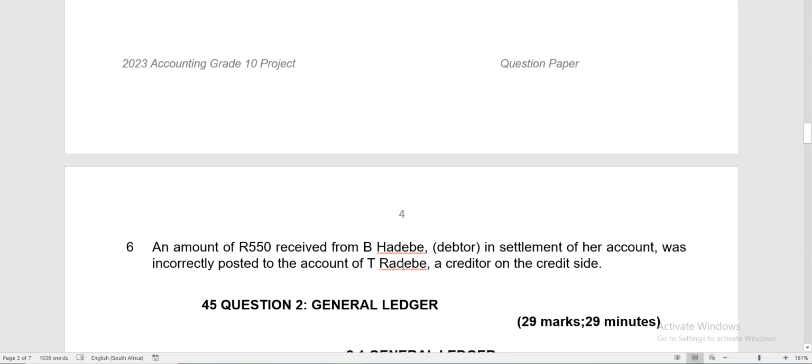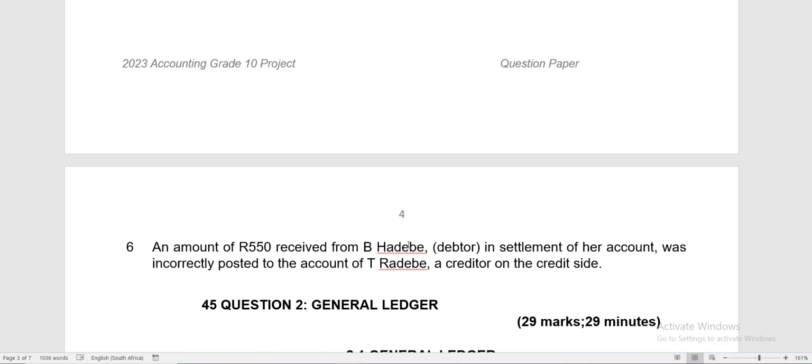Remember, what's happening is that an amount of 550 received from B Hadebe, a debtor, in settlement of account, was incorrectly posted to the account of T Radebe, a creditor, right? So firstly, we must check where was the error made. Okay, so here remember they're saying that this payment was incorrectly posted to the account of T Radebe, a creditor, on the credit side, and we were receiving the money from B Hadebe. Okay, so Hadebe was paying us. So what must we do?